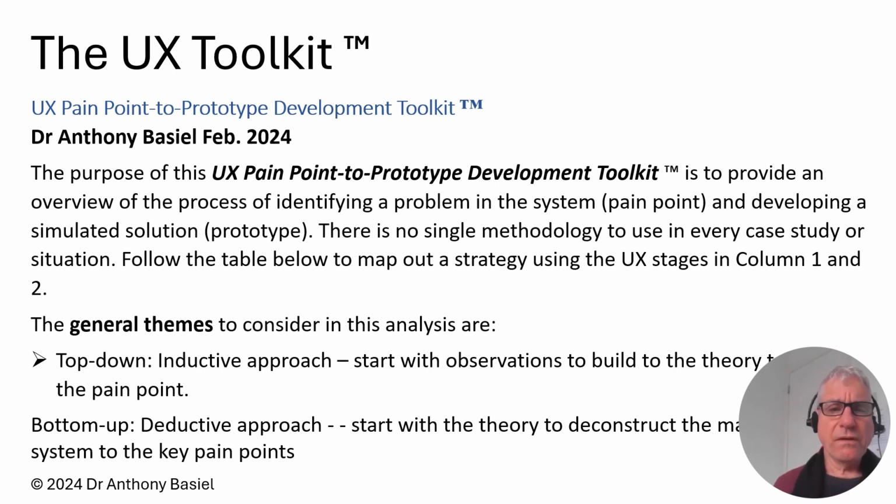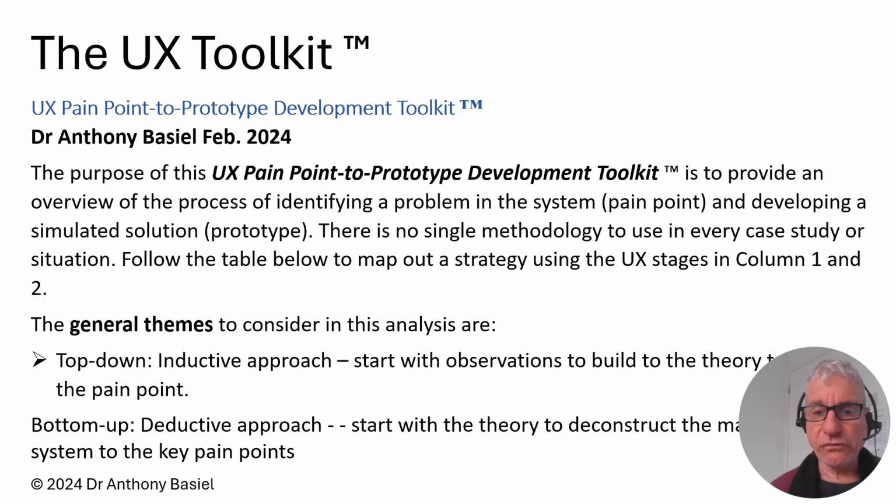Okay, so from that real-time example, what we're going to do then is we're going to take a look at this toolkit that we've made. So with this, the purpose of this is to be able to provide an overview of the process of going from pain point identification to developing a prototype solution.